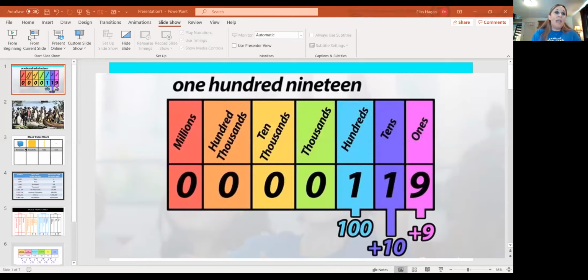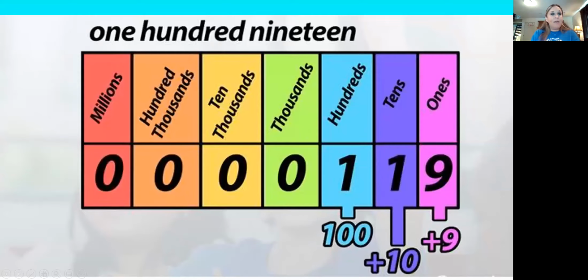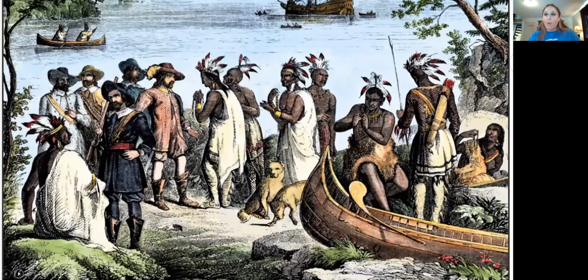So back before we had paper money, the Native Americans did share something of value to them, but it was not paper money. It was seashells and beads.